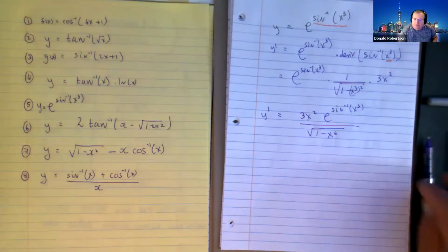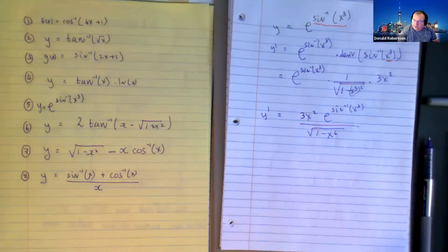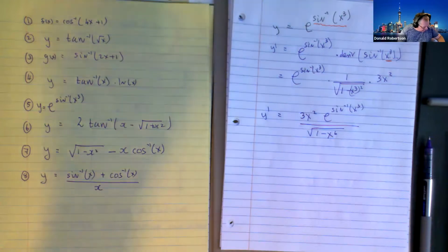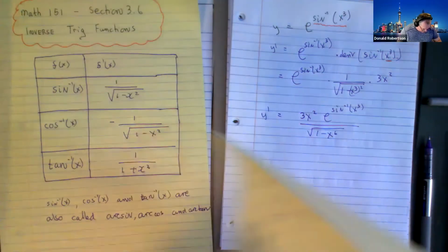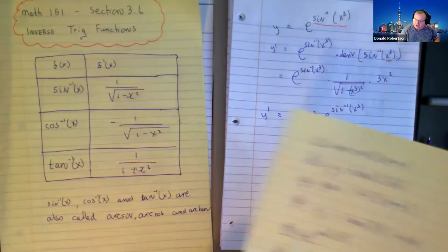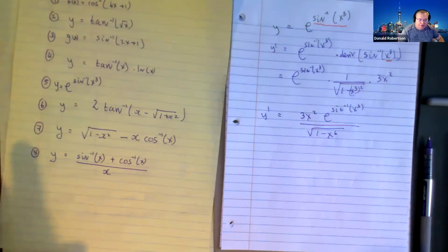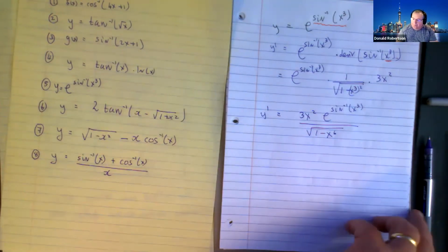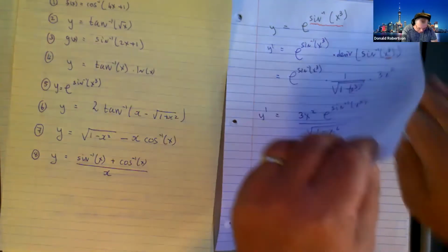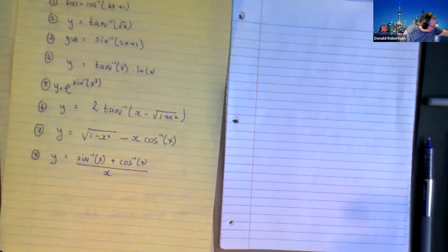Any questions? I know I'm going through these relatively quickly, but it's really just, I know what the derivative is. For the most part, it's been chain rules, hasn't it? For the most part. Right, we have a couple more guys.